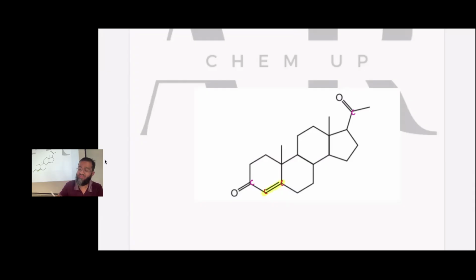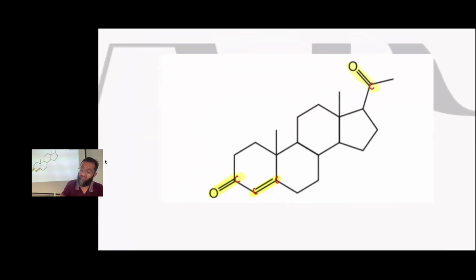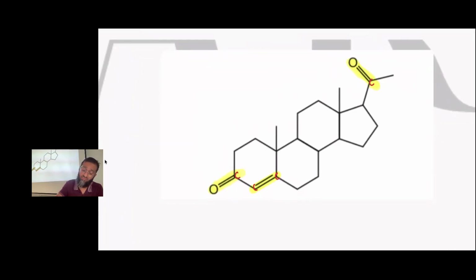No, it's not ethene, it's alkene. What is this one? And what is this one? Yes. Ridwan, Laiba, Kirsha. One is alkene.